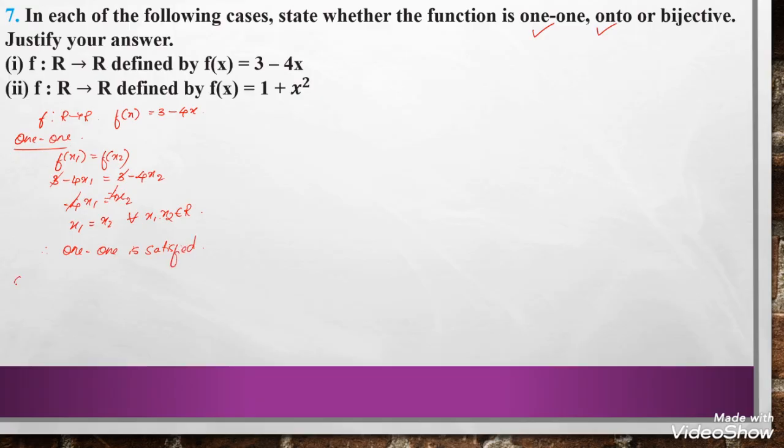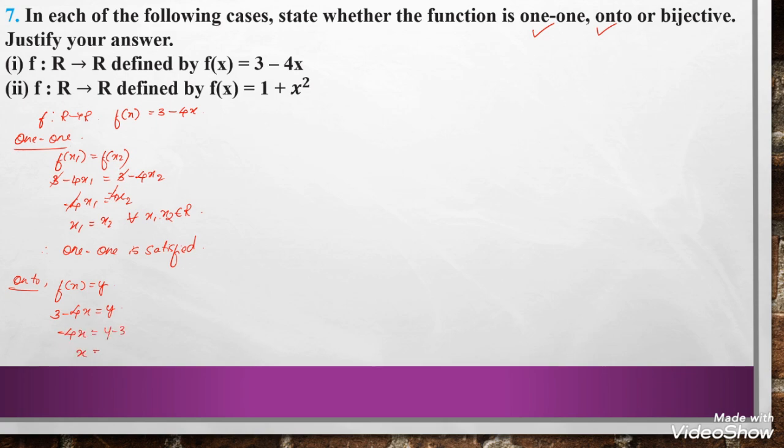Then again check for onto condition. For solving the onto condition, f of x is equal to y. Substitute f of x, 3 minus 4x is equal to y. So here I will solve for x. Taking 3 to the right side, minus 4x is equal to y minus 3.